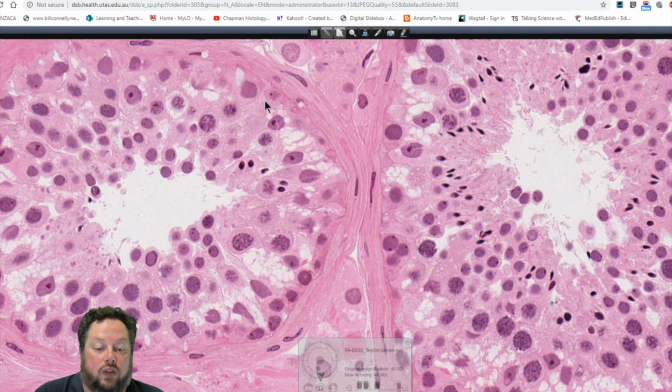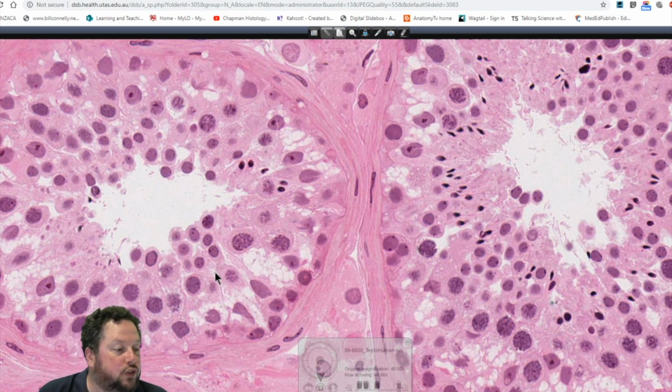So this part of the seminiferous tubule is undergoing a different stage of meiosis to this part, which is at a different stage to this part, and so on. We call this the cycle of the seminiferous tubule epithelium, and basically what it means is that throughout all of the tubules we have this continual turnover of sperm development.